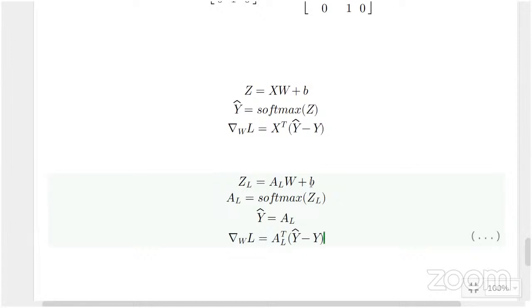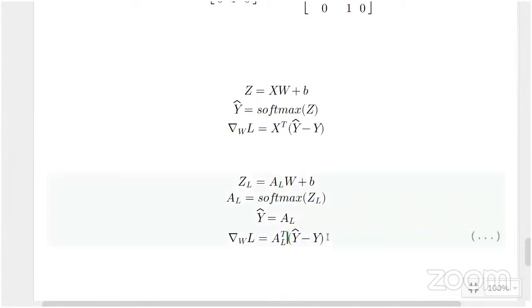If you all understand softmax regression very well, then the output layer of a neural network is the same as softmax regression. You can always make that connection, for classification. So see, this Y hat minus Y is what?